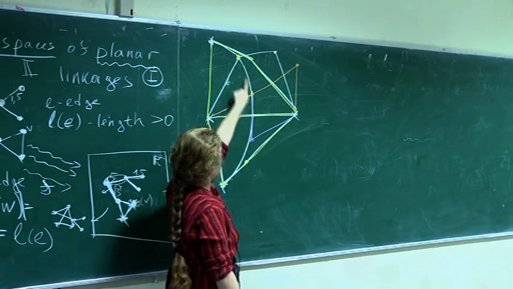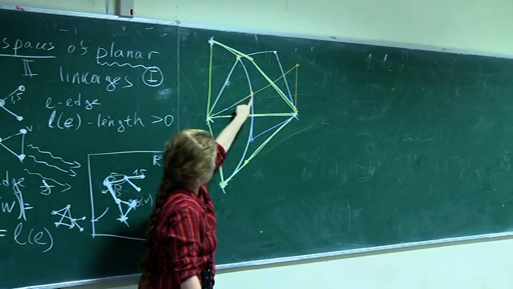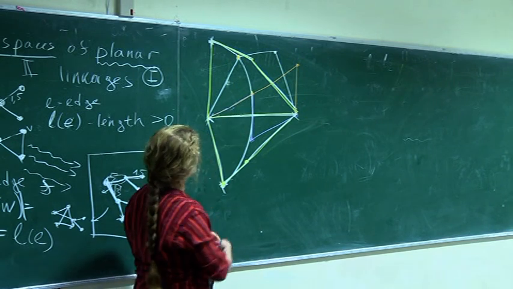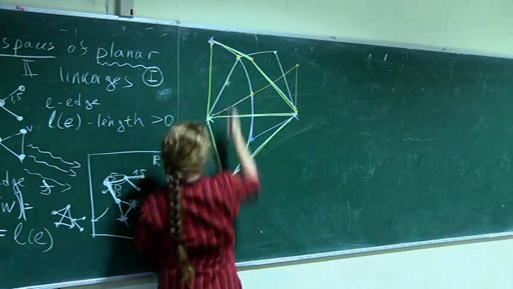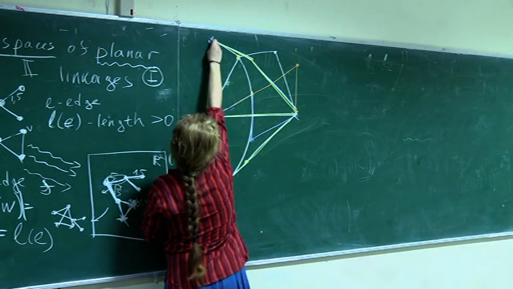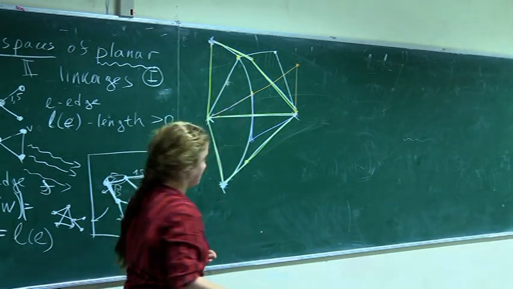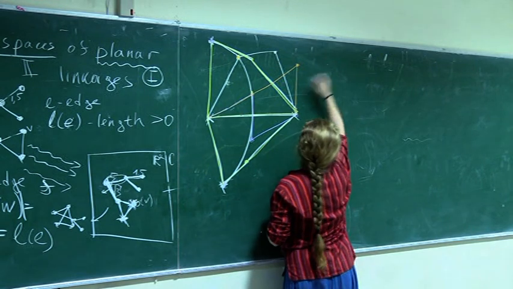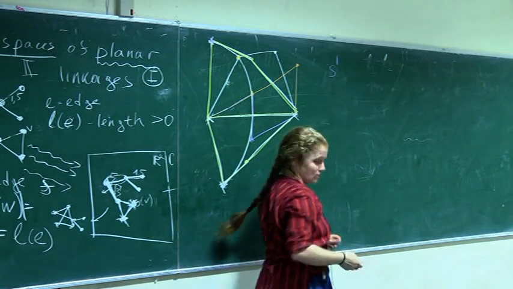So every point in the interior of this segment corresponds to two configurations, and the points on the end of this segment correspond to one configuration. So the configuration space of such a quadrangle is just a circle.